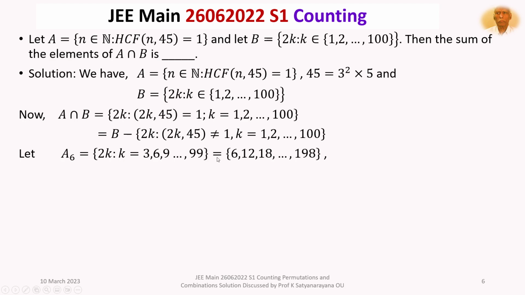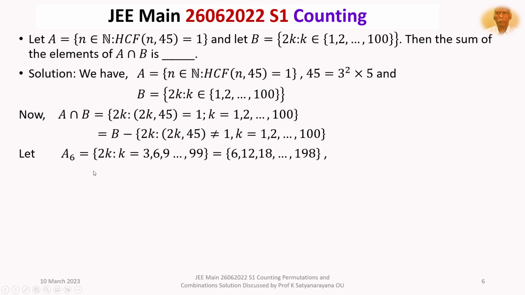That means this is precisely the set consisting of multiples of 6, that is 6, 12, 18 up to 198, all those multiples of 6 from 1 to 200.